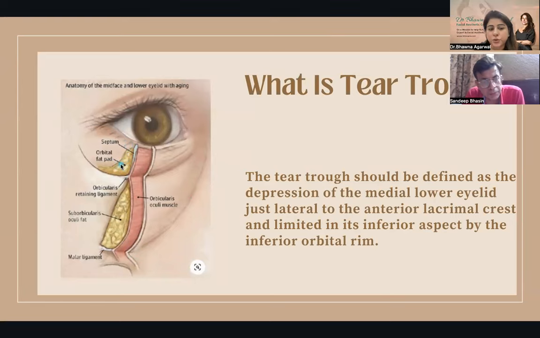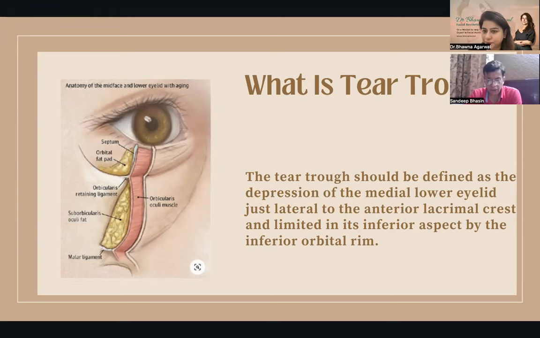So where exactly do we inject while doing tear trough? We do not inject above the ORL, never. Never go beyond this line. We always inject in this area for tear trough. So you are injecting below the ORL.